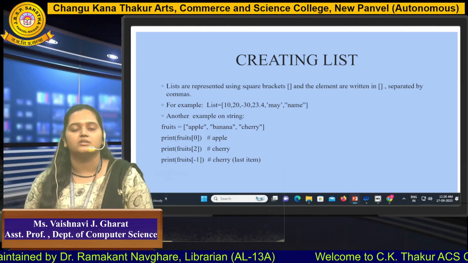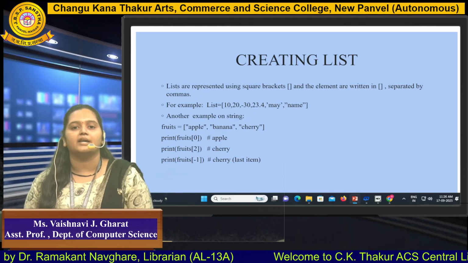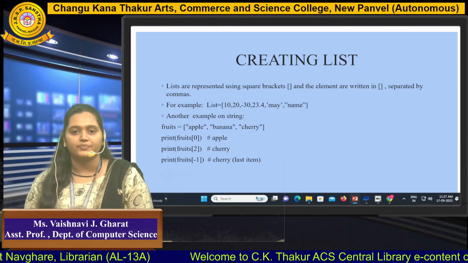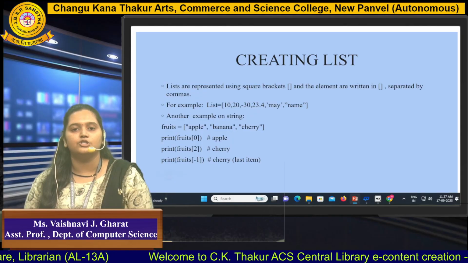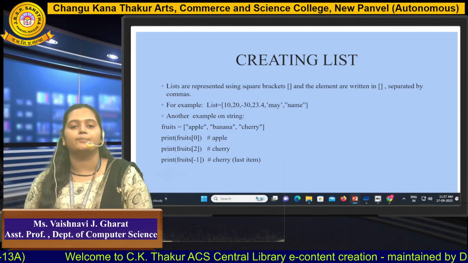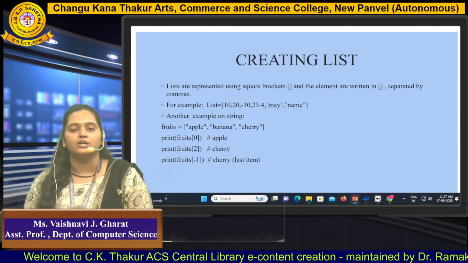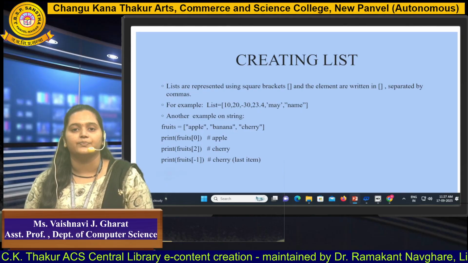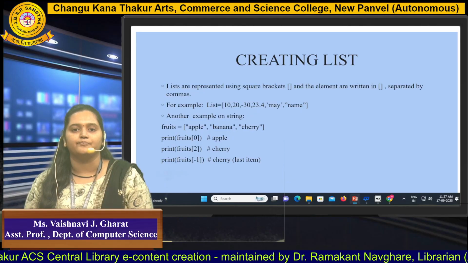Then similarly print fruit bracket 2. 2 means, as we count the list indices starting with 0, 1 and 2, that's why 2 gives our output cherry. And for print fruit minus 1, minus 1 means our last item. So our last item is cherry.